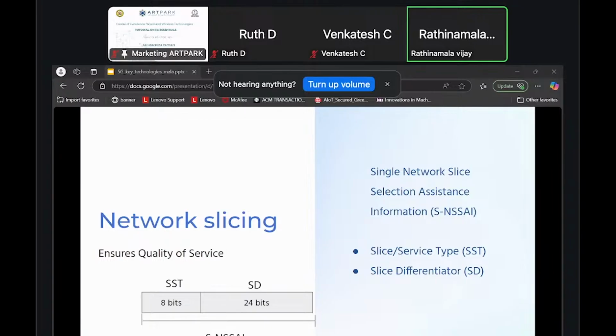The very common slices which are coming up are vehicle to infrastructure, or HMTC, which is used for high mobility cases where the mobility of the users is predicted to be more than 100 to 400 kilometers per hour, and so on, right?